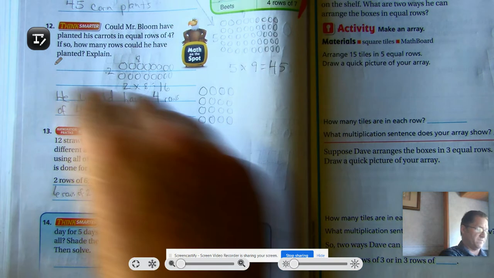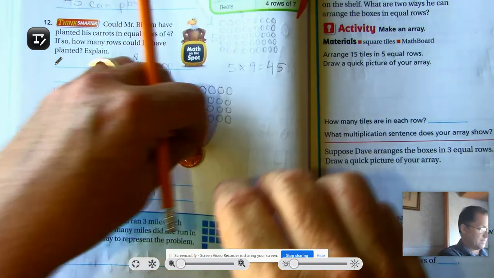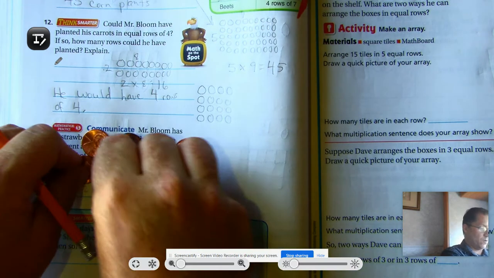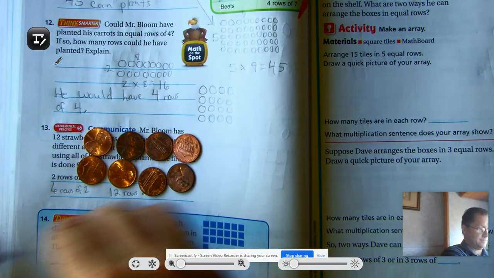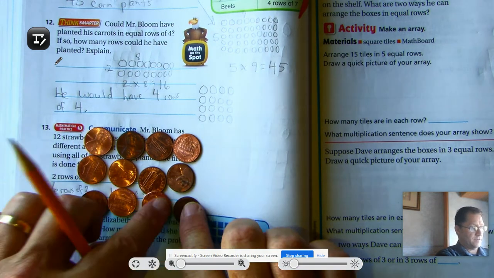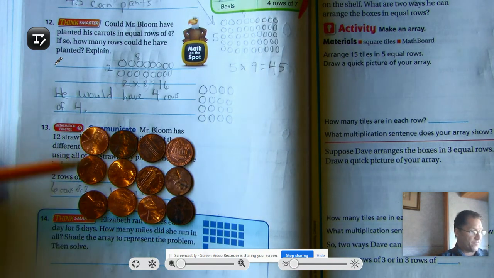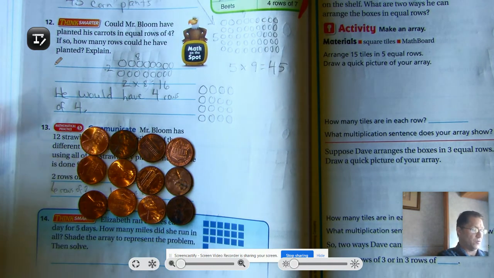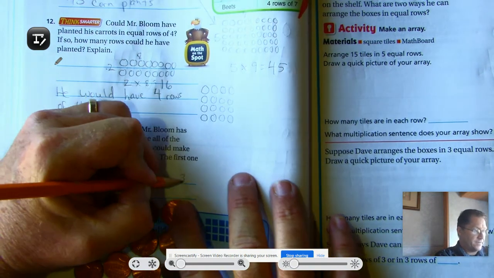Can I make groups of 4? I think groups of 4 adds up to 12. 4, 8, that's 12. So what is that array? I have 3 rows and 4 in each row. So 3 rows of 4.